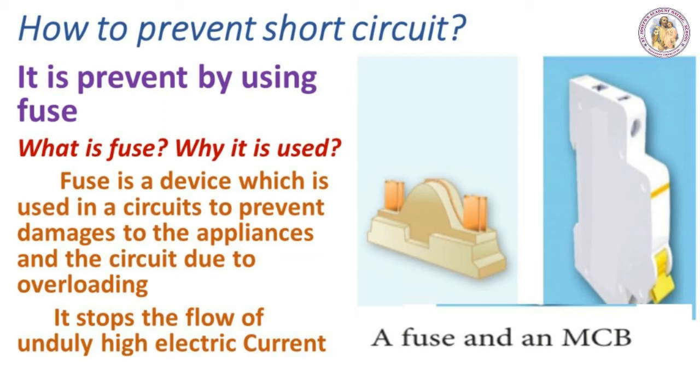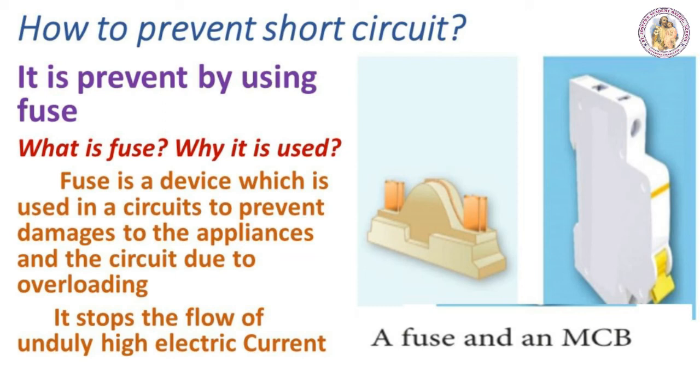What is a fuse and why is it used? A fuse is a device which is used in a circuit to prevent damage to the appliance and the circuit due to overloading. This fuse stops the flow of unduly high electric current. And next is MCB.